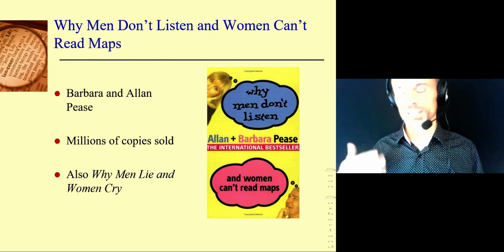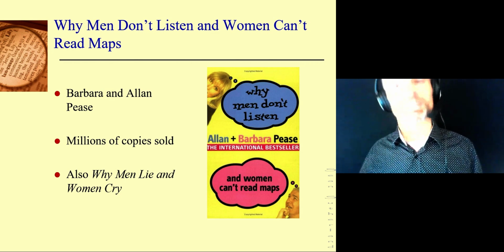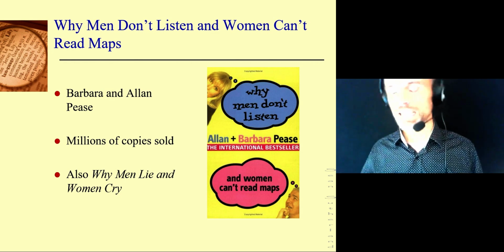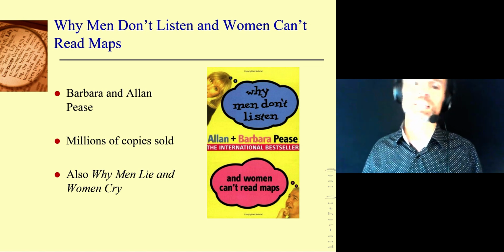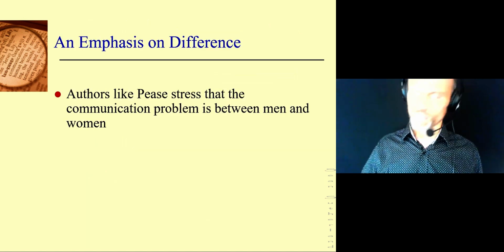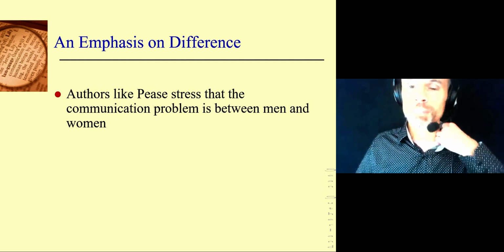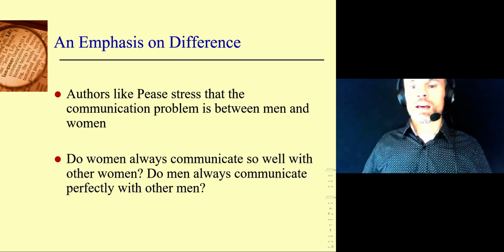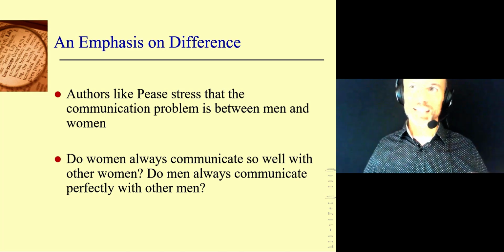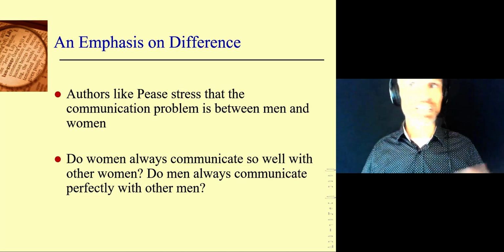You know, they often have chapters like how to talk to the opposite sex, titles like that, right? How to get along with people who are unlike you. And they stress that there's a communication problem between men and women, and put aside the fact that, you know, do women always get along with each other and never argue?